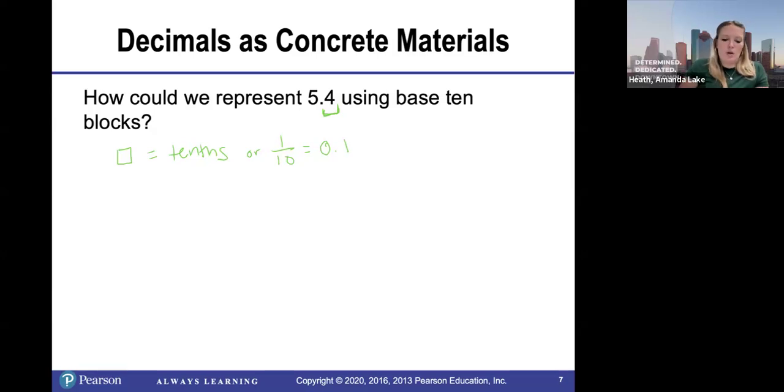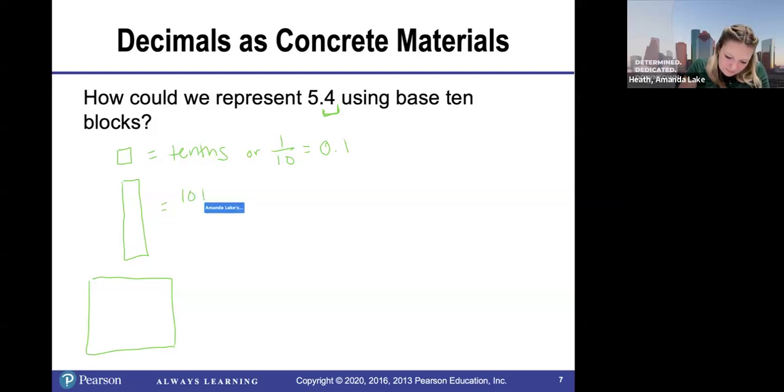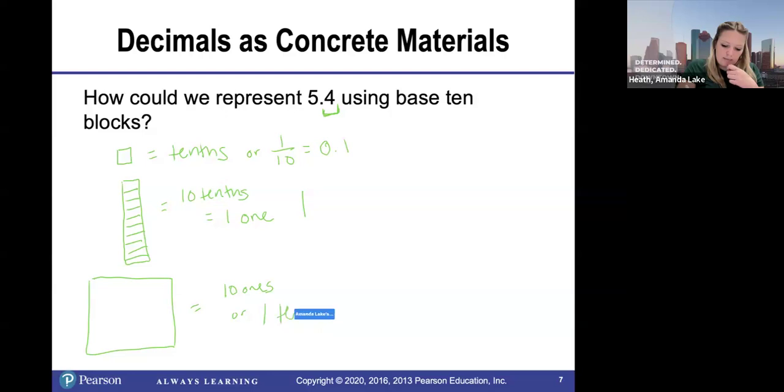Now a bar is 10/10 because I have 10 small blocks, which is equal to 1. So this is 1 now represented in this system. And when I take my big block, this is 10 1's, or 10.